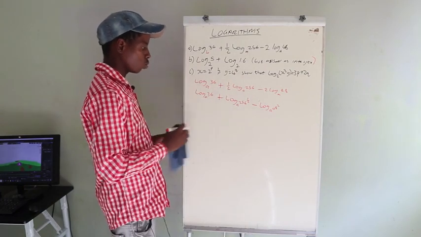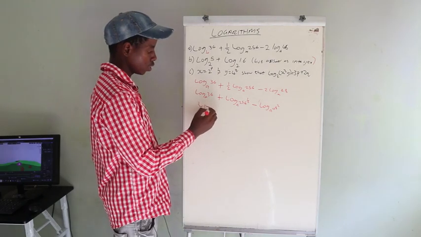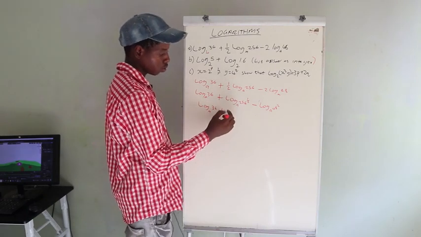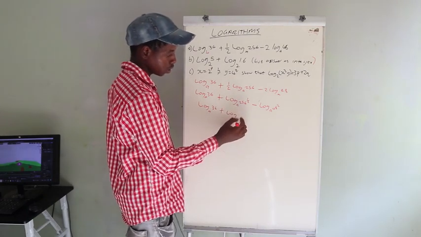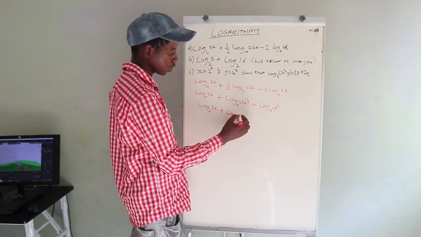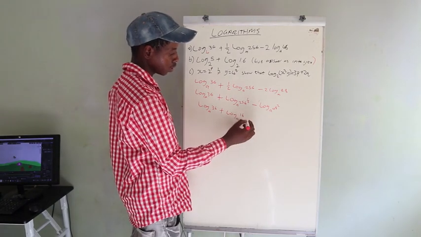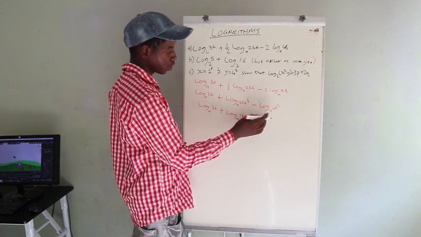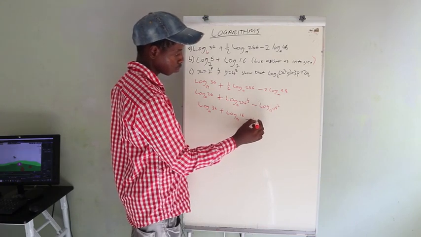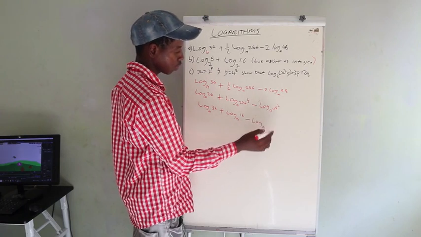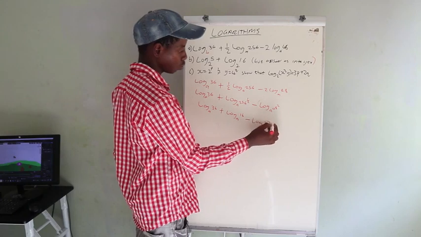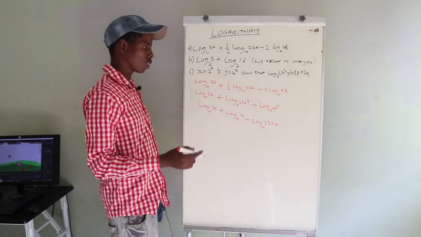So we're going to say log_a 36 plus log_a, the square root of 256 is 16, so we write 16, minus log_a 48 times 48, which is 2304, right?